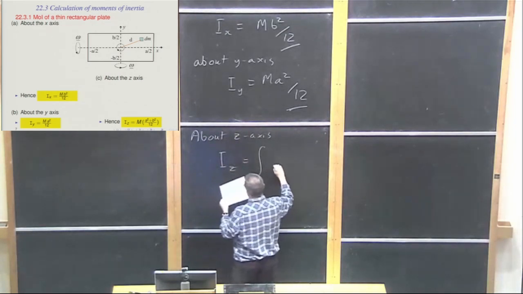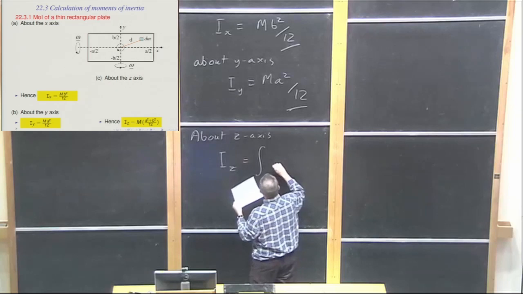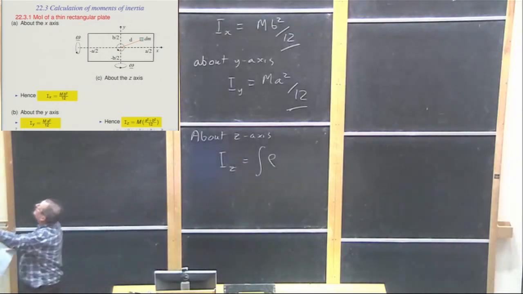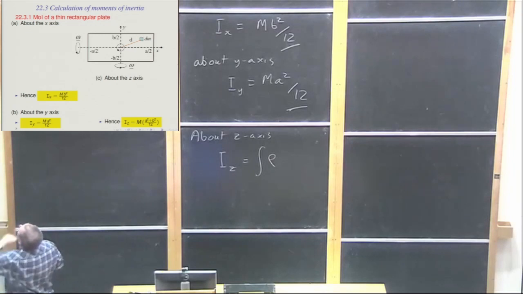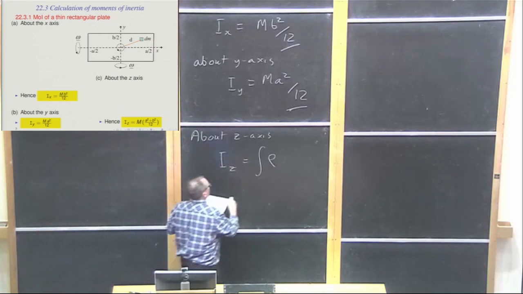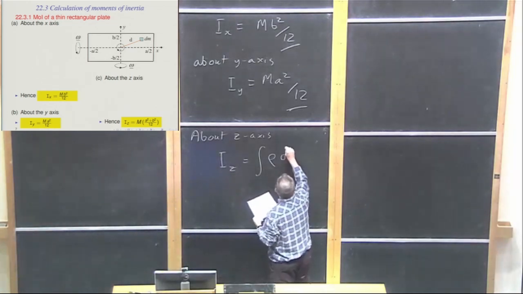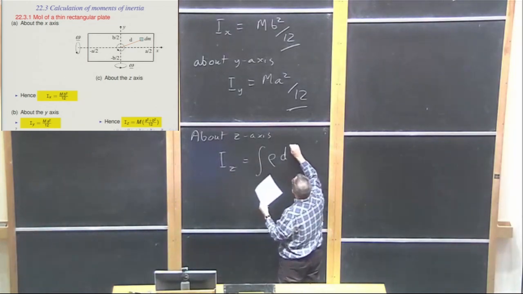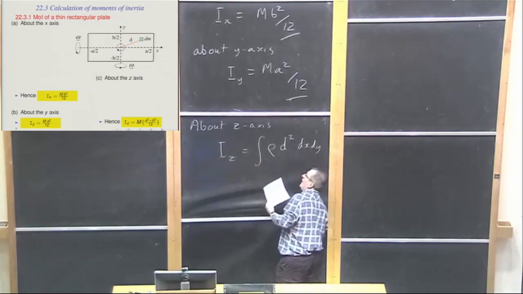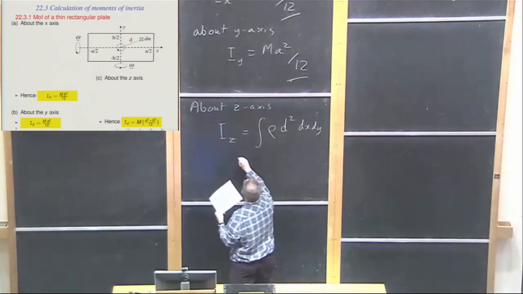Again, it's going to be rho, but the perpendicular distance is now not x, not y. It's given by d there, that diagonal line in the screen. So that's d squared dx dy, and d squared is clearly x squared plus y squared.